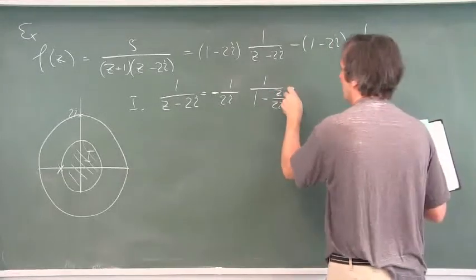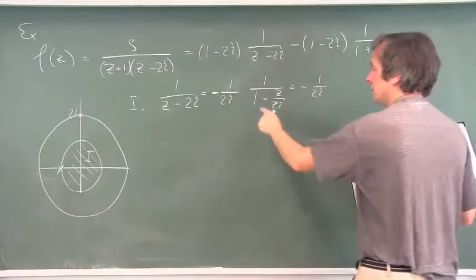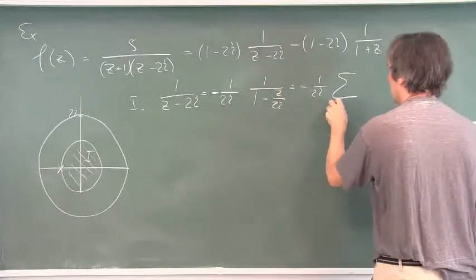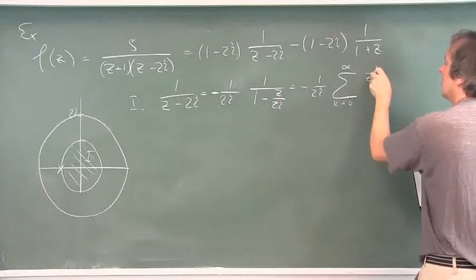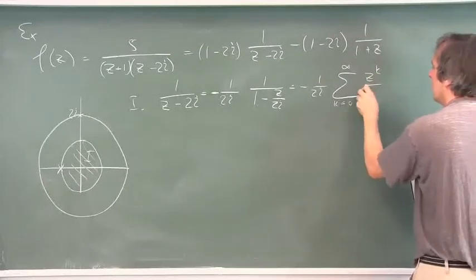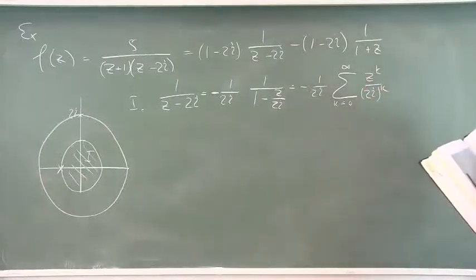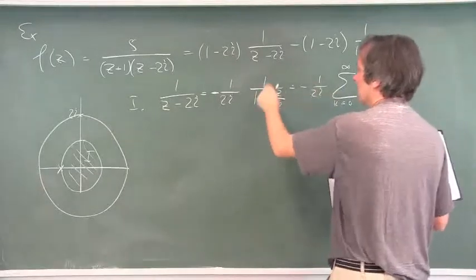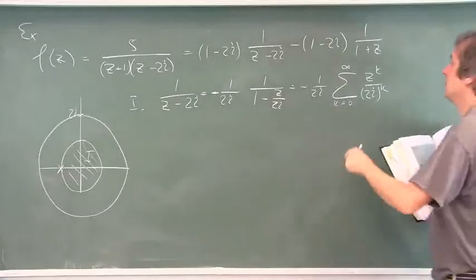And then you see that this is easy to expand now just by the ordinary geometric series. So you get z to the power k divided by 2i to the power k. And this is really the expansion of the first part here, which we should insert instead of this function.